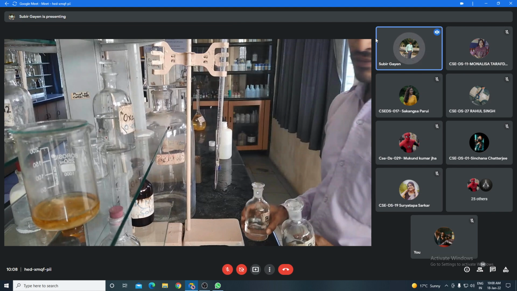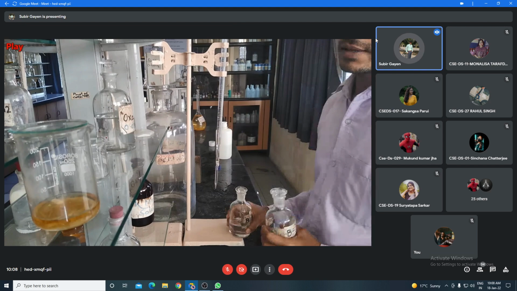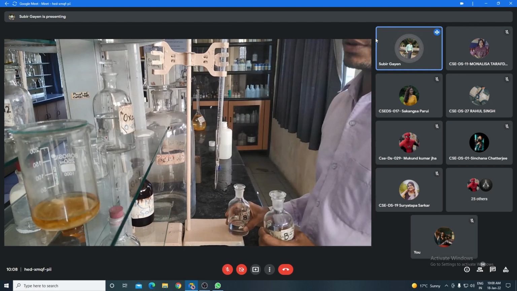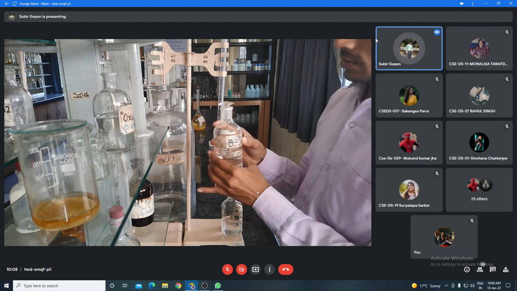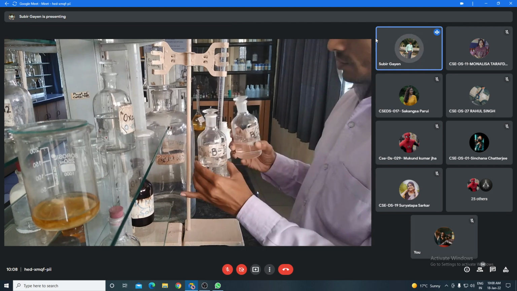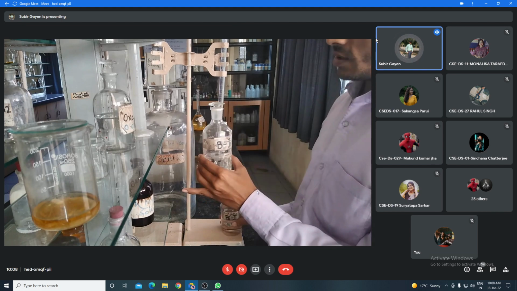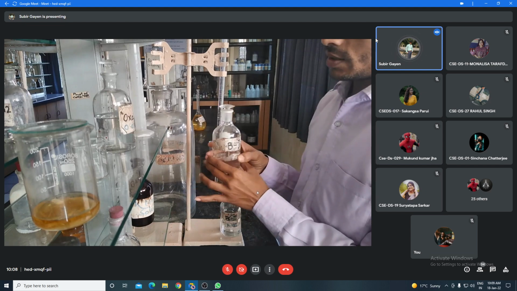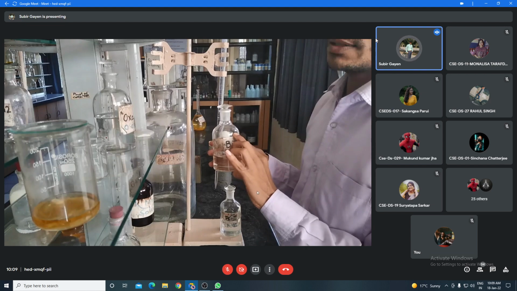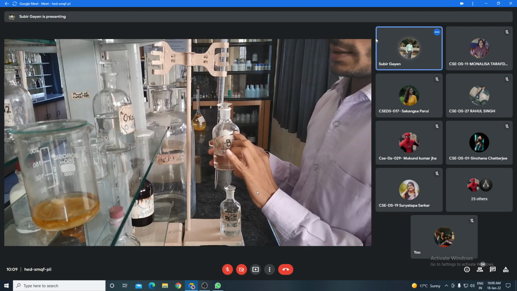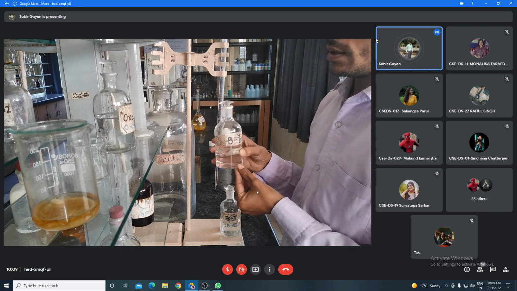Determination of partition coefficient. At first, I have to prepare two bottles. This is bottle number 1 and this is bottle number 2. In bottle number 1, you have to take 25 ml of saturated acetic acid and 25 ml of water, and 50 ml of beta.